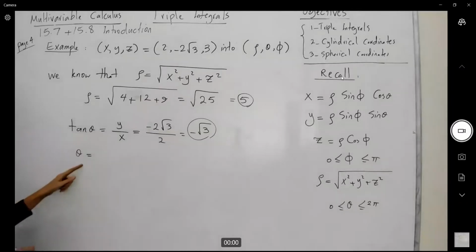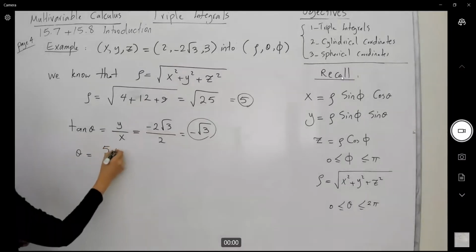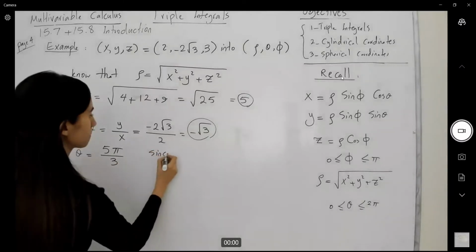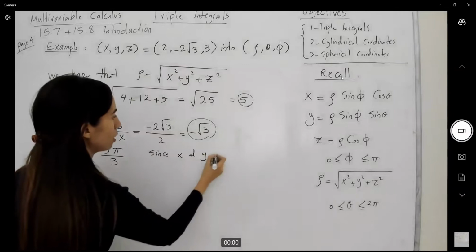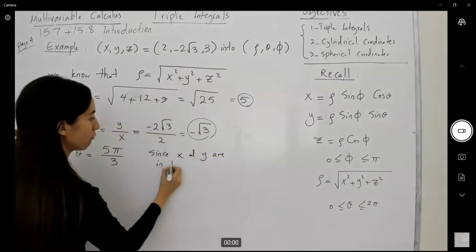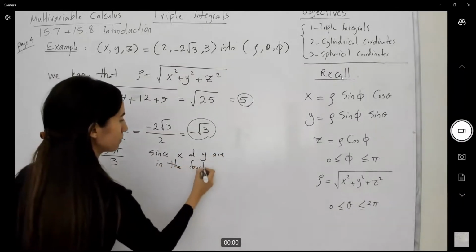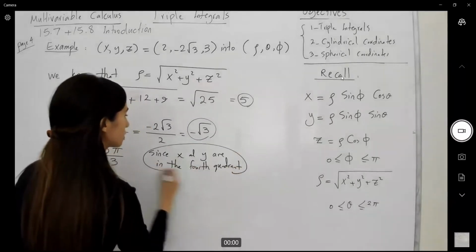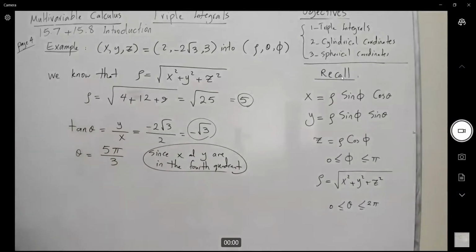Very well. So on the fourth quadrant, the information that we have for tangent theta equals negative square root of 3 gives you 5 pi over 3, since x and y are in the fourth quadrant. That's the reason.